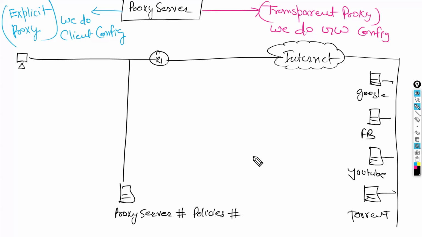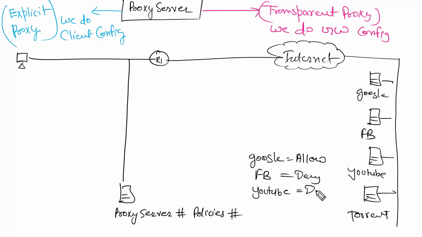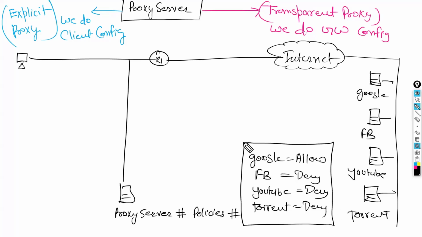We will define if someone is going to Google, that should be allow. If anyone is going to Facebook, deny. Anyone is going to YouTube, that should be deny. If anyone is going to torrent, that should be deny. Like this, we will define policies on proxy server.